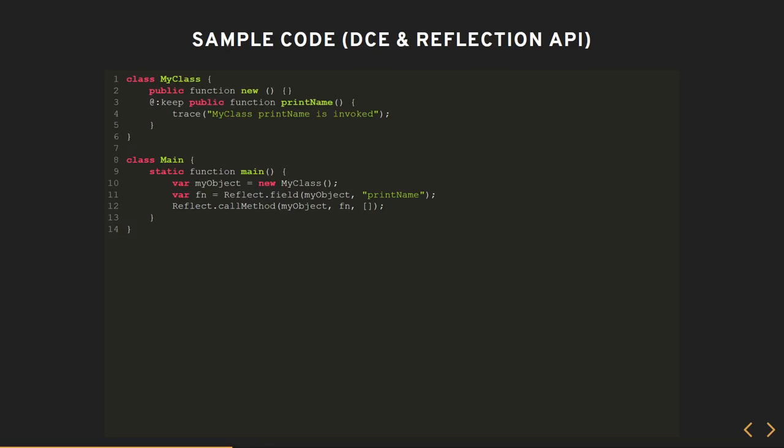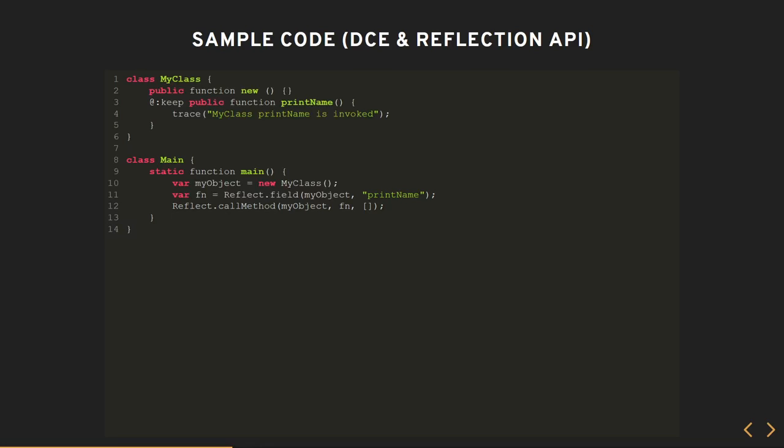Next we use Reflect, which is literally built into the language. Reflect.callMethod: we give it the object, we give it the function handle, and since printName doesn't take any parameters, we give it an empty array. So that's going to call our method.